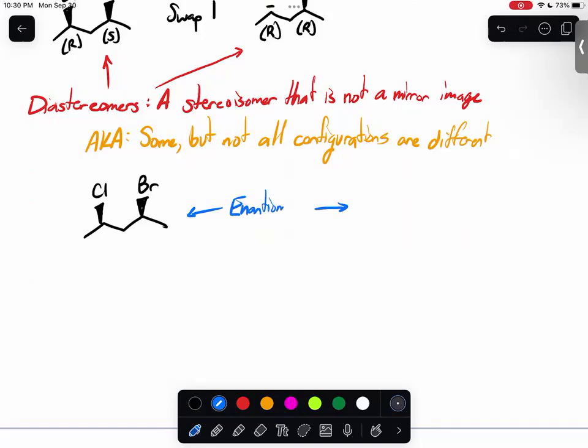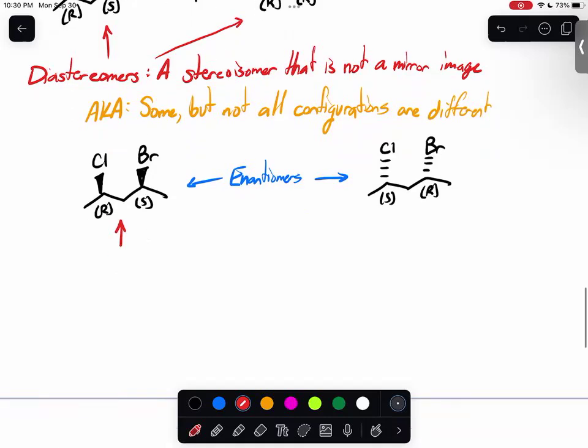So we can make the enantiomer of this molecule, which is just swapping the stereochemistry of both of those carbons, right? Because this is R and S, and now this one is S and R. Now then, another thing that we see is that we've also changed only one stereo center here, and those are what we call diastereomers.